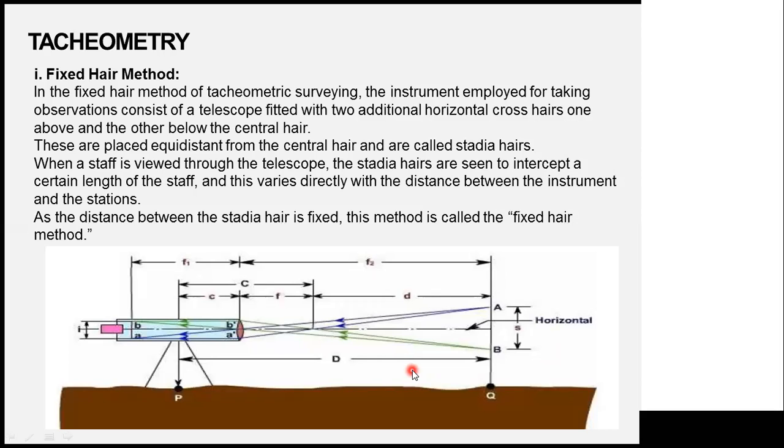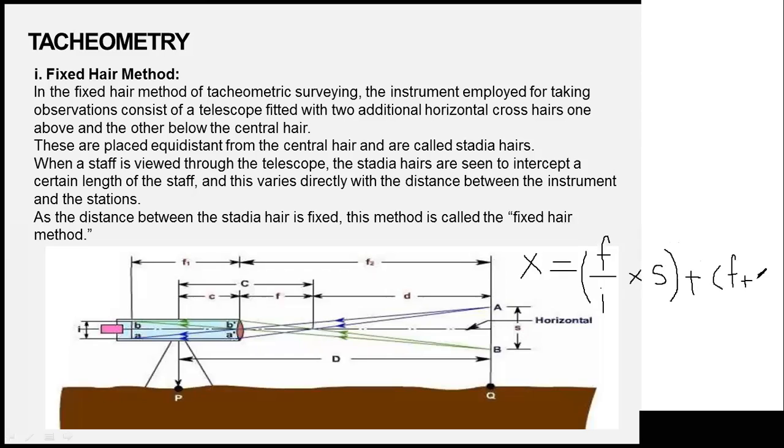Now in tachometry, you calculate the horizontal distance by using one formula. The distance x is equal to small f divided by small i, multiplied by s, which is the distance between point A and B as we have told you, plus small f plus small c.